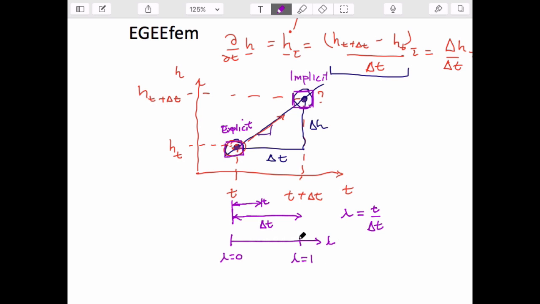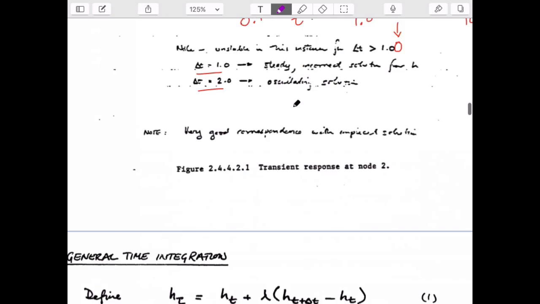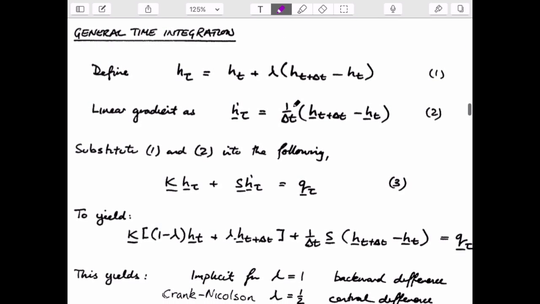So you could think of lambda as kind of a scaling function between the two. And if you do that, then we could think of trying to write an expression that allows us to choose a position between these 2 points. And that expression is what's going to come up on this final little page here. And that's this top expression.